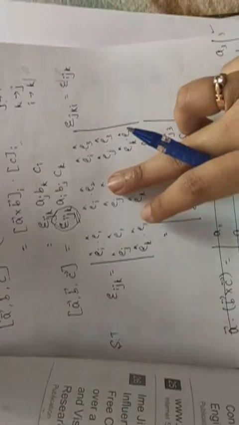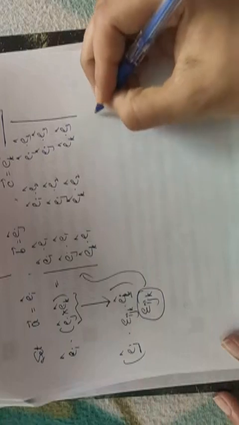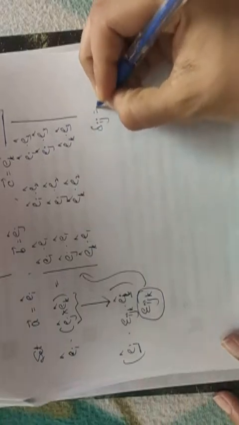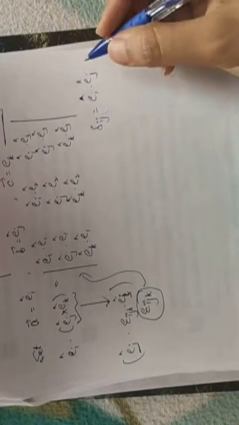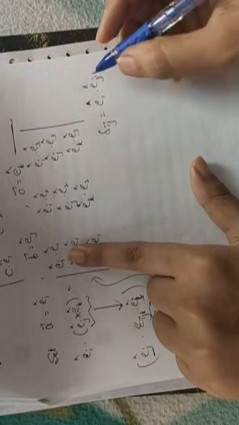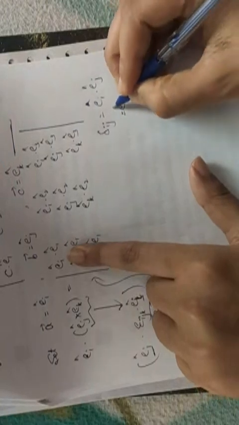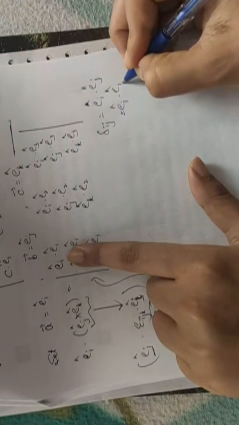Now we have to prove that this determinant is equal to this determinant, right? So now remember the definition of your delta ij symbol. There we have come across that we can express delta ij as ei dot ej, right? So now here I have ei dot e1. That means in the place of j I have 1.